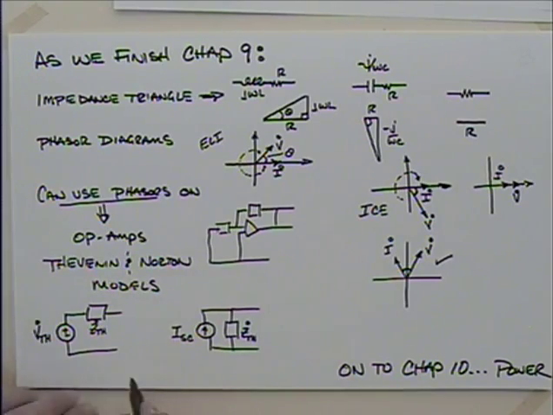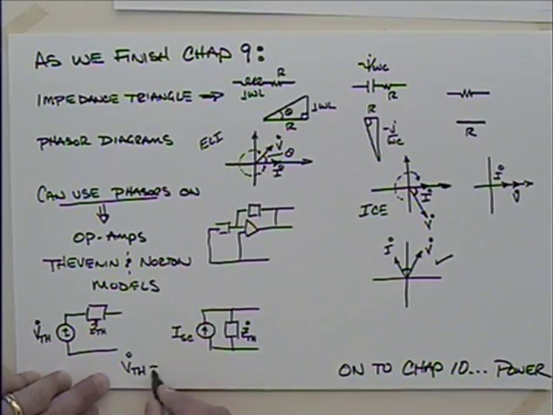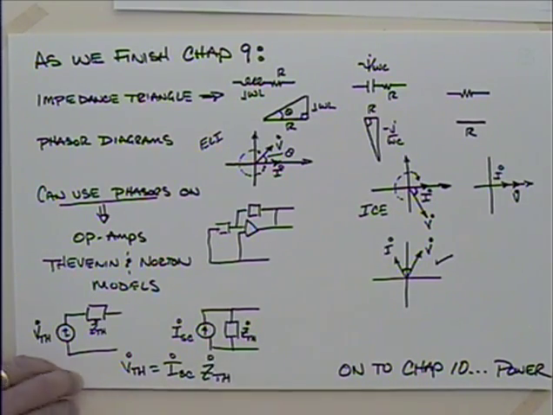And how can you relate these? You know that these obey Ohm's law, that V Thevenin is equal to I short circuit times Z Thevenin. So your source transformations work just as well in the phasor domain. Questions on that?